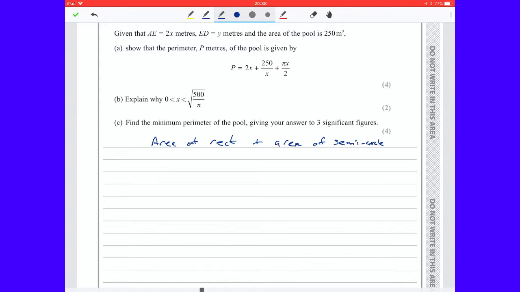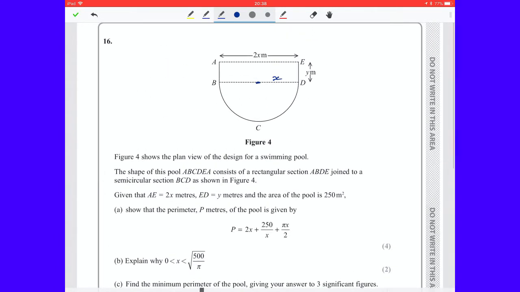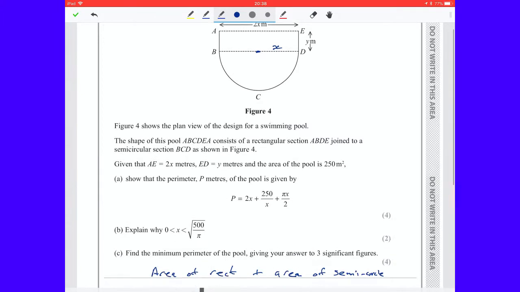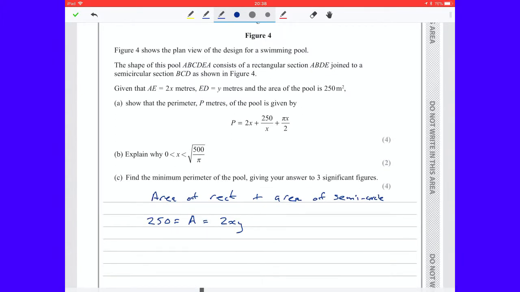And that's going to be area, which we're told is 250, equal to 2xy, that's the length. The length of the rectangle is 2x and the width is y, so that's the 2xy. And the area of the semicircle will be pi x squared divided by 2. So it's 2xy plus pi x squared divided by 2.